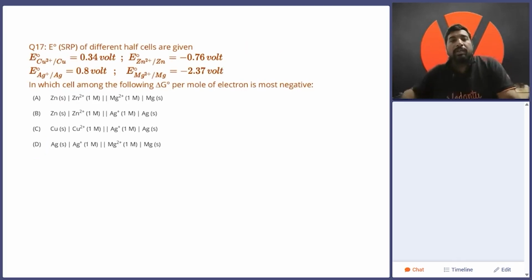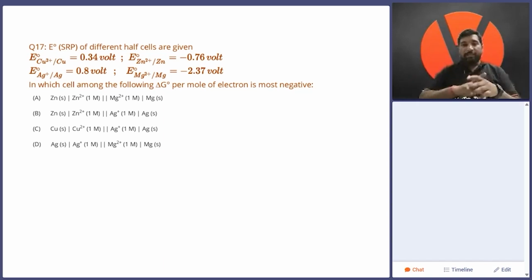Question says E naught SRP of different half cells are given. For the first cell 0.34, for second minus 0.76, for silver 0.8, and for magnesium minus 2.37.